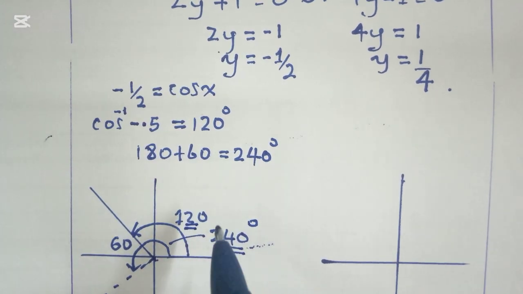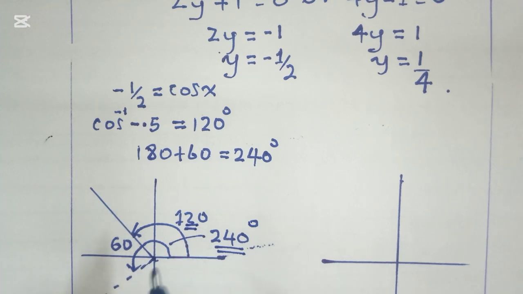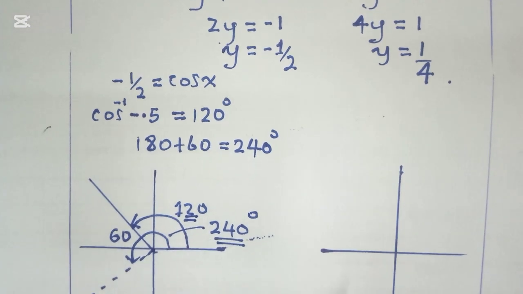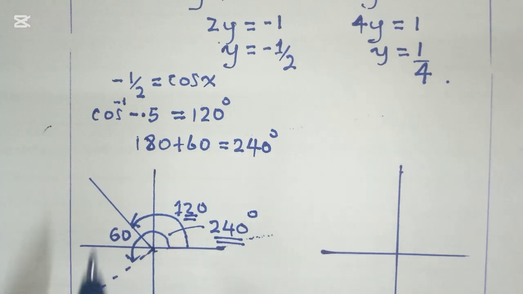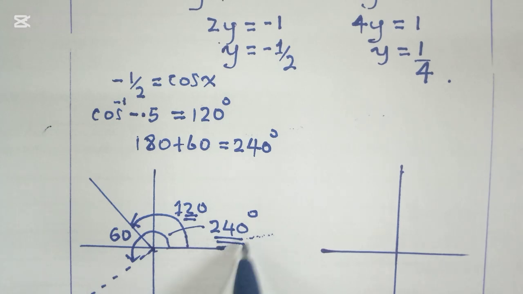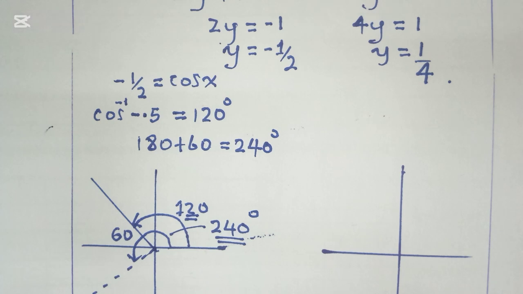Guys, that is what we find, because on this side the cosine is positive. The only sides that were remaining were this side and this side, which we have now found out are 240 and 120.